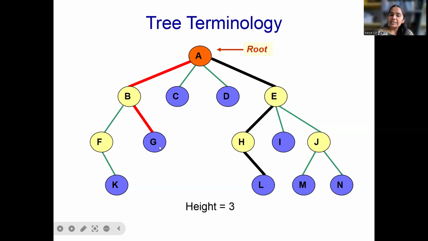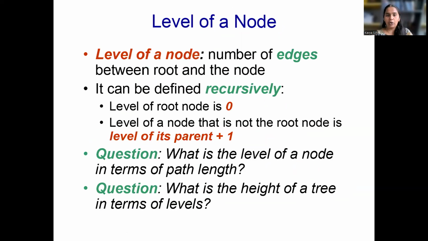Talking about G and I, their path is only two, right? Talking about K, L, M, and N, their path is three. So the longest leaf nodes are K, L, M, and N, whose path is 3. So the height of this complete tree, full tree, is said to be 3. Right? So this is how you will calculate the height of any particular tree.